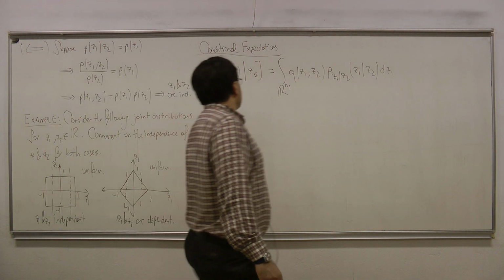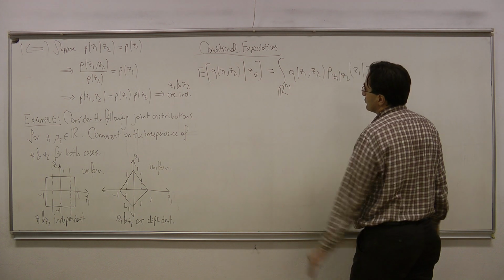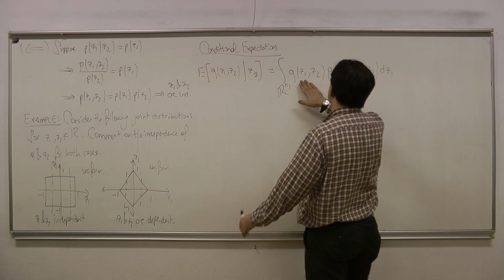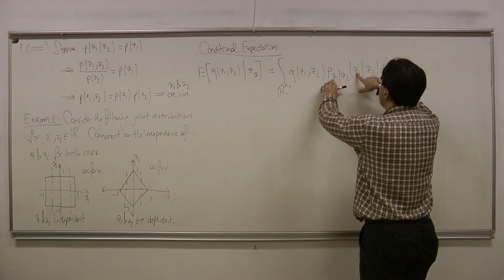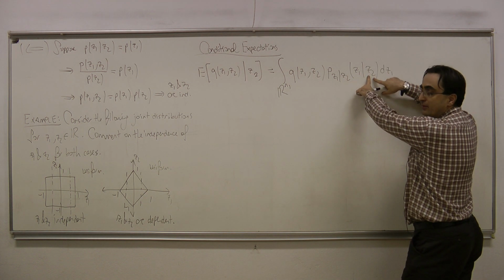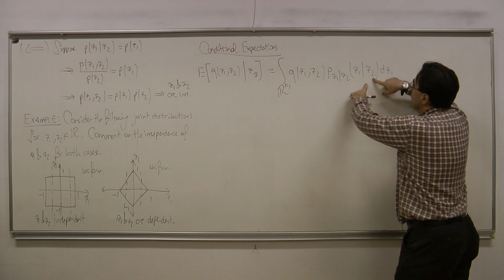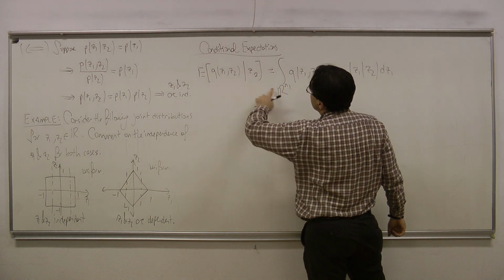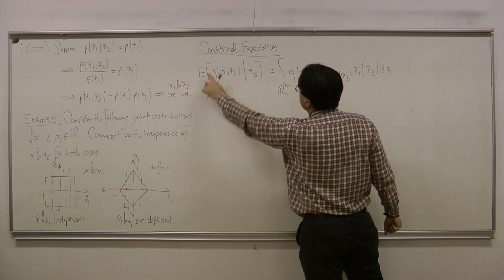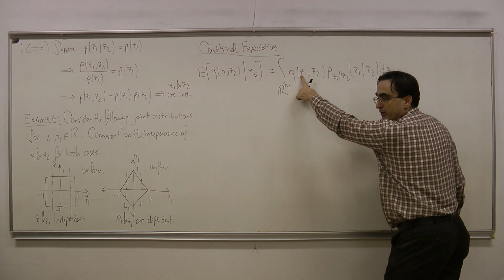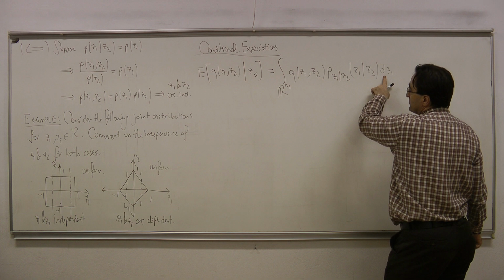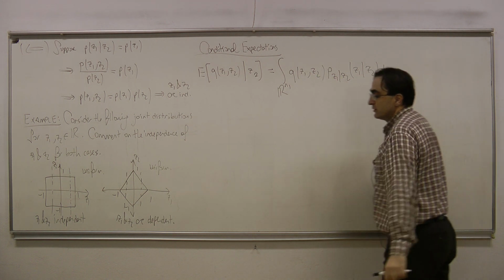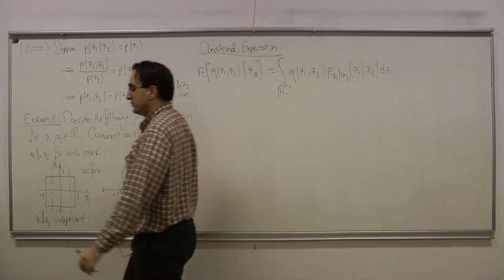So here, this is an expectation with respect to Z1, given the random variable Z2. This expectation is removing the random parts of this function due to Z1. The integration is with respect to Z1, and in the given condition I have Z2.